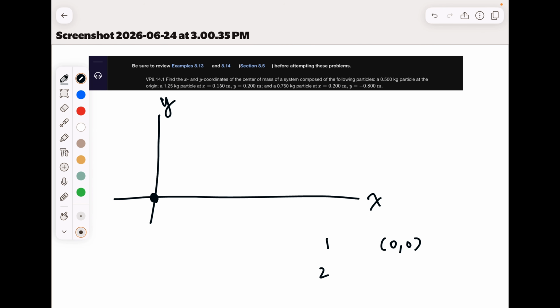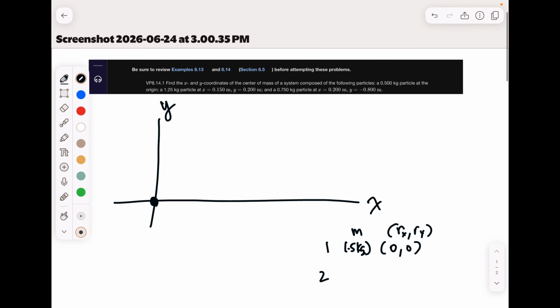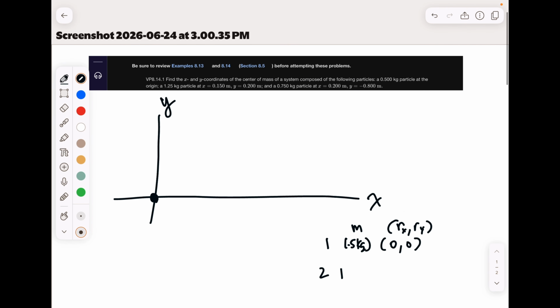The second object, and so what's its mass? 0.5. So we're going to write down the mass and the coordinates. Particle 2 is 1.25 kilograms. And it's located at x equals 1.5, 0.15.